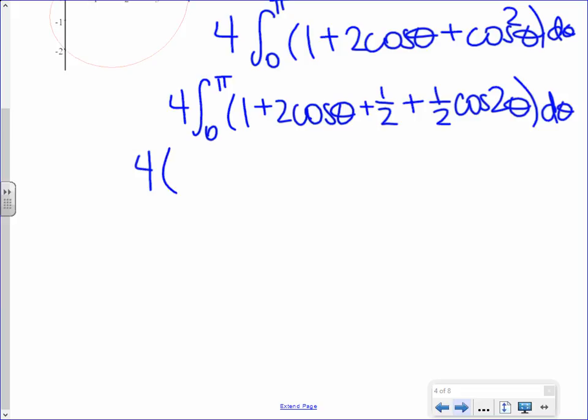Okay. Antiderivative of 1: theta. Antiderivative of 2 cosine theta. Antiderivative of 1/2. Antiderivative of 1/2 cosine of 2 theta.